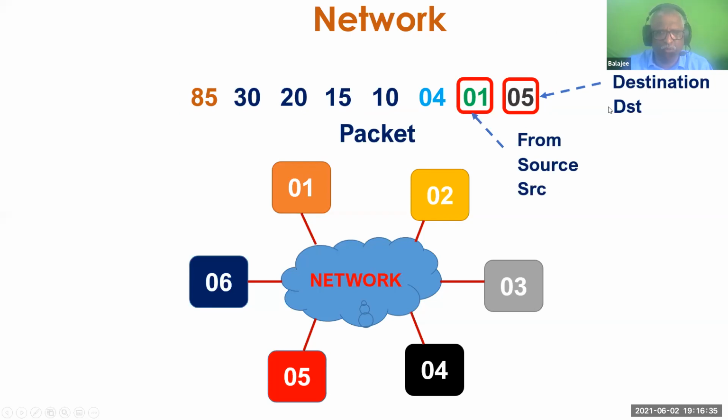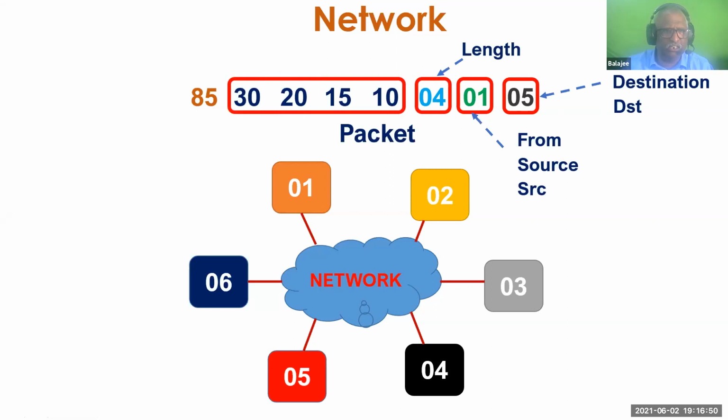So the industry uses these terminologies. The first byte is DST. The second byte is SRC. The third byte is length. Then this is called data, or the industry sometimes calls this the payload. And the last one is called checksum, but the industry also calls this a CRC.